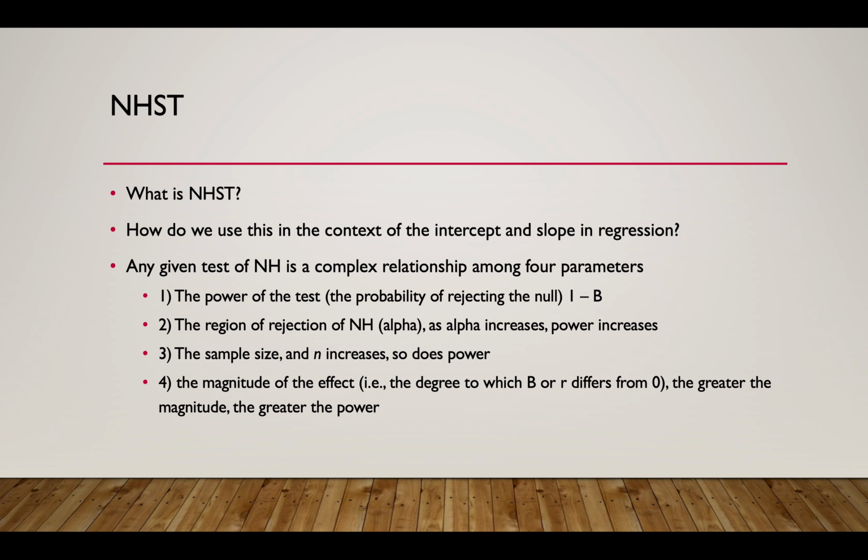With the intercept, it becomes a bit more complicated because it is testing against, well, not necessarily a zero, but anyway, any given test of your null hypothesis is based on relationships amongst 4 parameters, and the parameters are listed there for you. I'm not going to read through them, but I am going to say this.